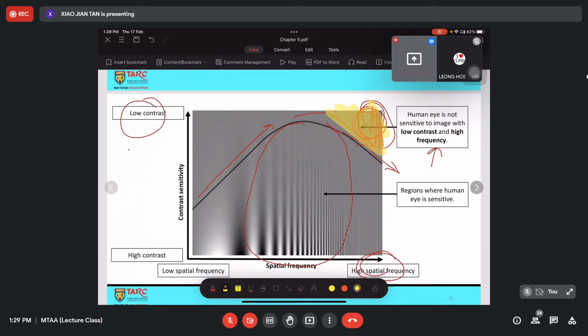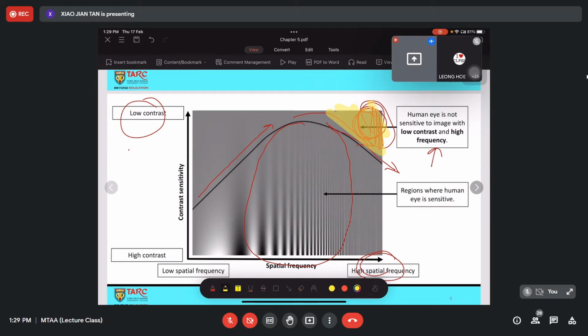It's very difficult for you to see low contrast and high frequency information, because high frequency information is very fine, and now the very fine information is in low contrast, so it's very difficult to see. Just think by logic, you will know.